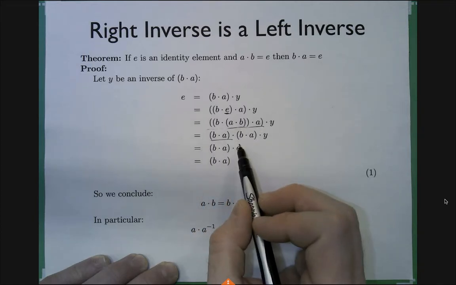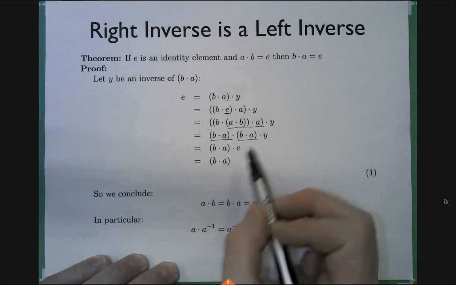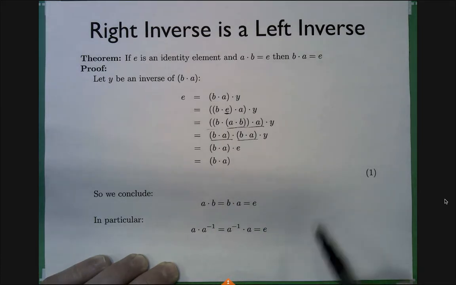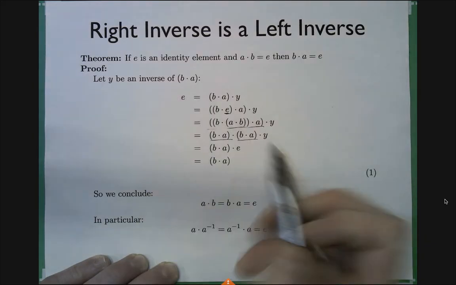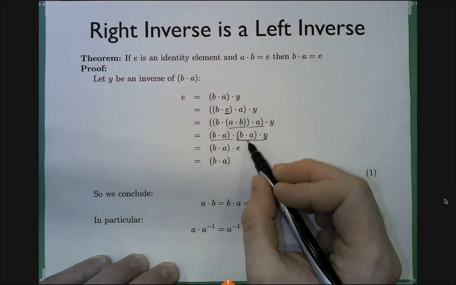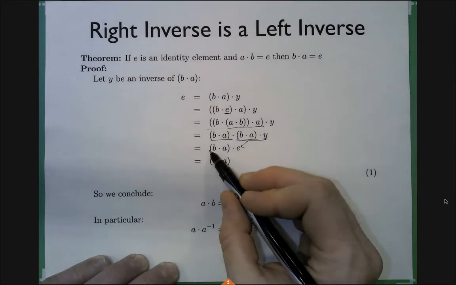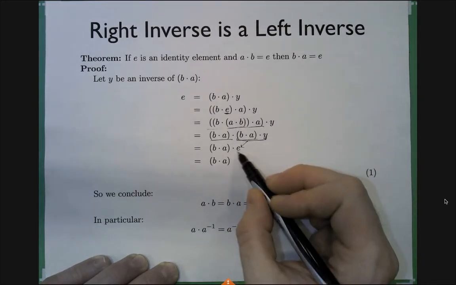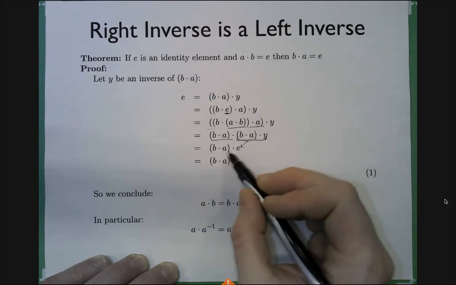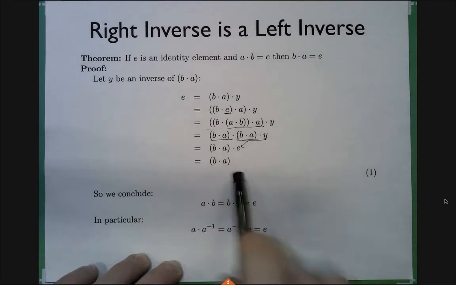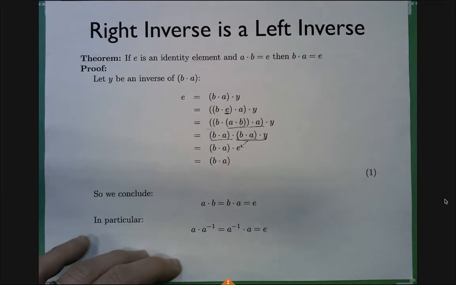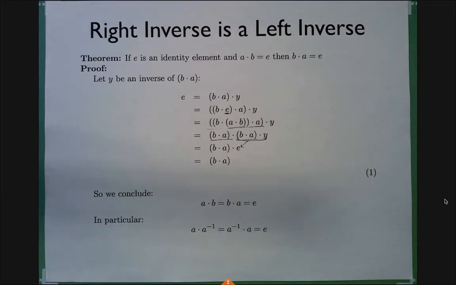So I can write it also as B times A times another B times A. But I assume that Y is an inverse of B times A, so this will reduce to an identity element, and same thing here. Identity element times B times A is B times A. So all of a sudden, I see that B times A indeed is the identity element. That's what I wanted to prove.